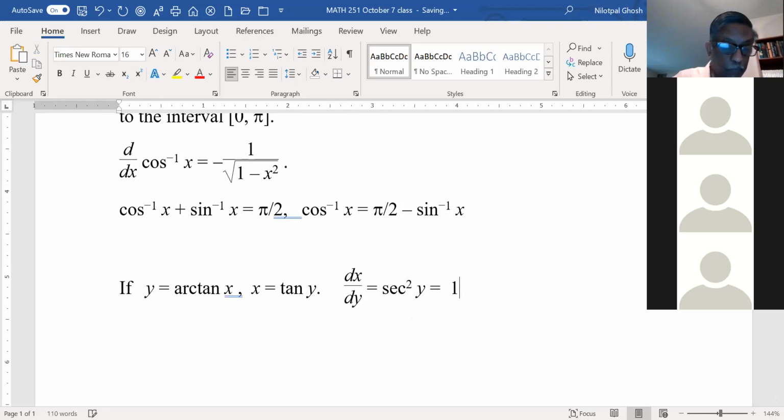And sec square y, if you remember from your good old childhood days, is 1 plus tan square y.